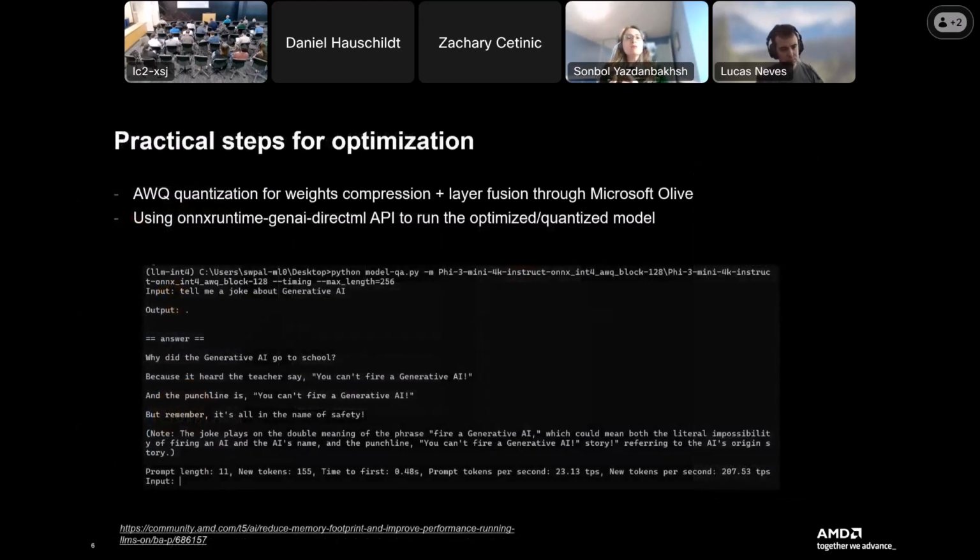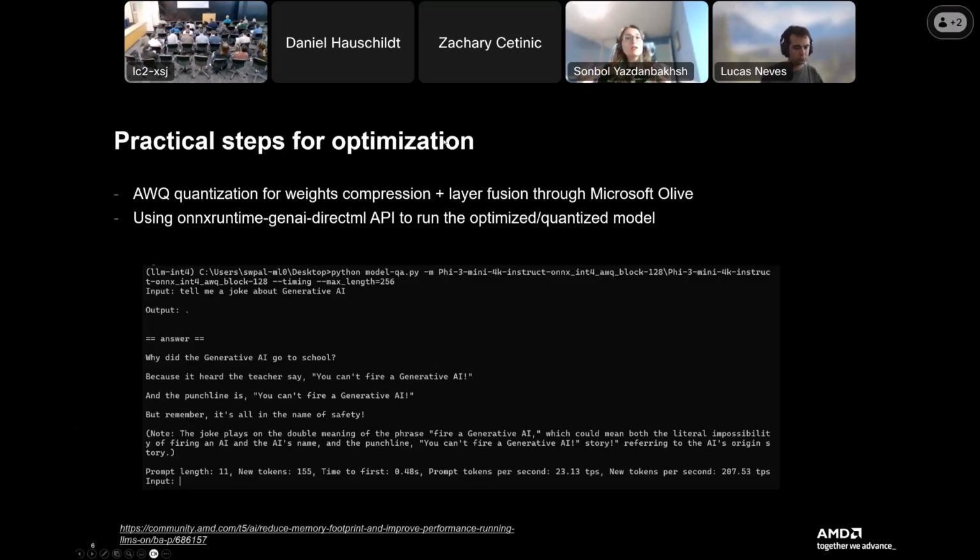Here I'm going to talk about the experiment that we have done recently. We wanted to run large language models. For example, here we have an example for Phi-3 Mini. To optimize and run it, we used AWQ quantization for weight quantization first through Olive, and we also did layer fusion through Olive.